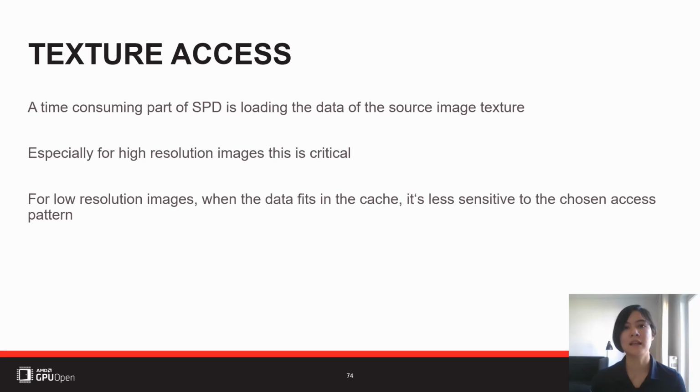This is a bottleneck of this approach in general: loading from this texture and waiting until the data is available. So getting this as fast as possible is very critical, especially for high resolution textures where we will go out of cache. Doesn't matter what we do, we have to be sure that we use the cache as efficiently as possible.